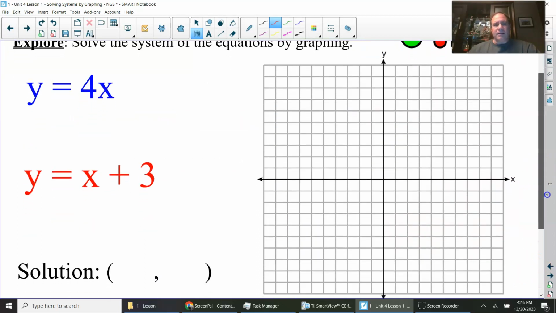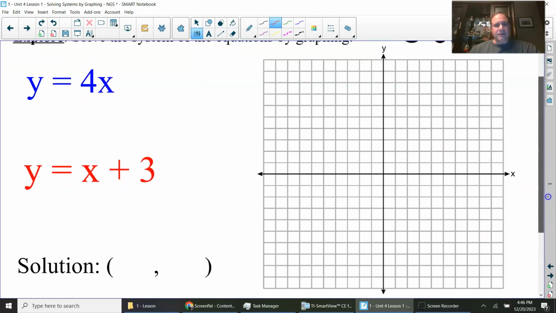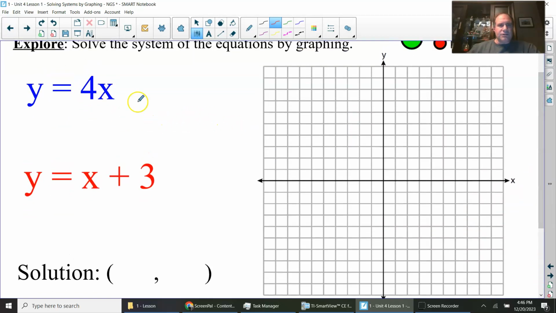So take a look at this graph right here, and all I want to make sure that you know is that this right here is the slope. It is 4/1, and when you don't see another part, like the b, it is 0. So this is called a direct variation.